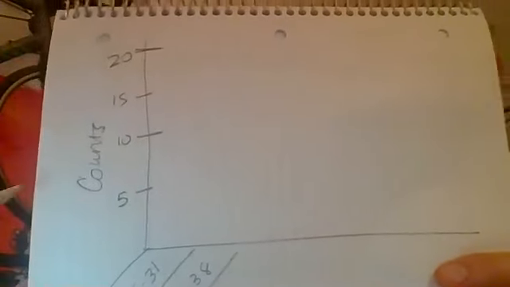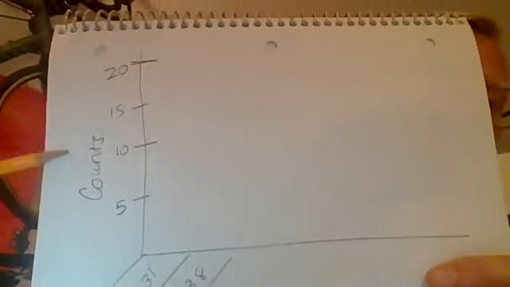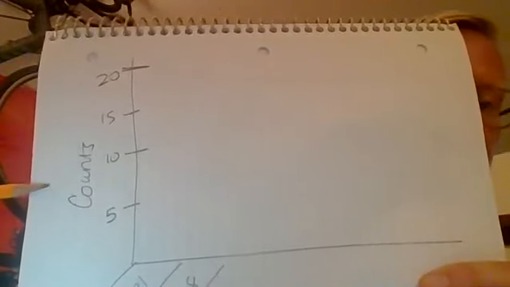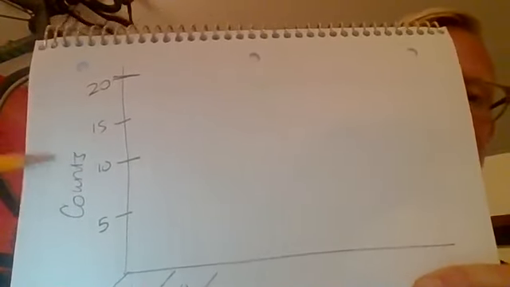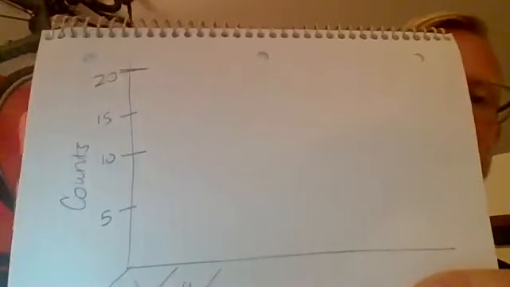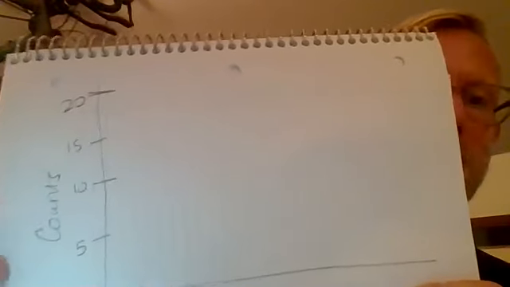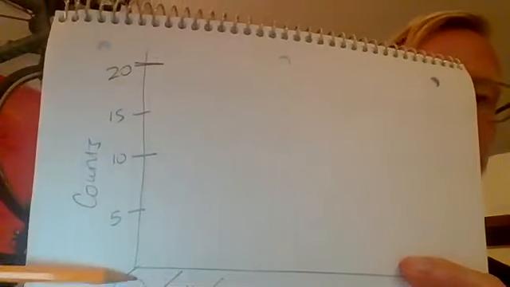Then to go up the side, I have a choice. I could either use my relative frequency or just my frequency. I chose to label this as a count. Count and frequency mean the same thing. I went from 0 up to 20.